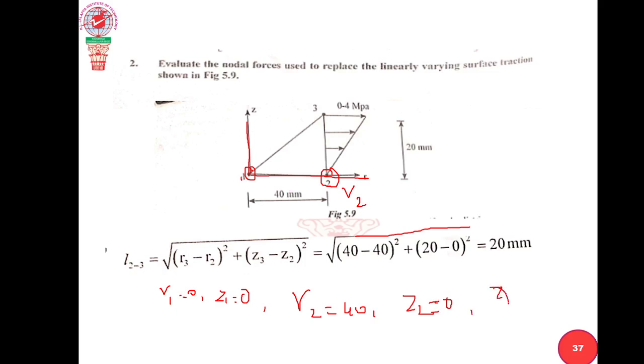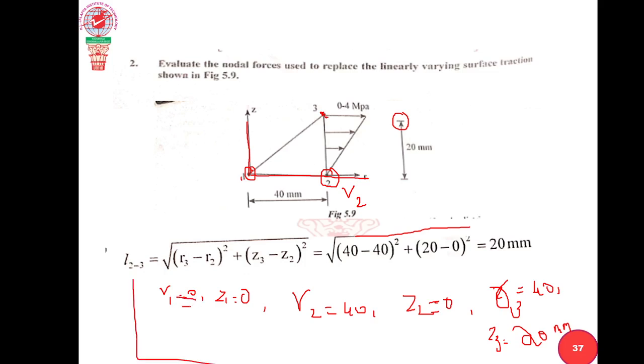Here, the horizontal distance is 40, therefore R3 becomes 40. What about Z3? The height from the origin is 20. Everything is in mm. All of you understood this?